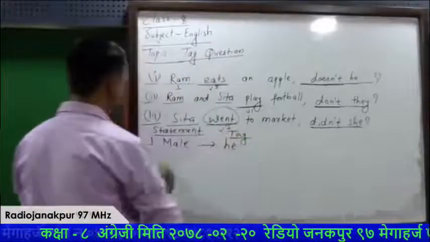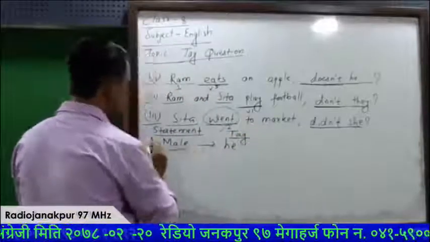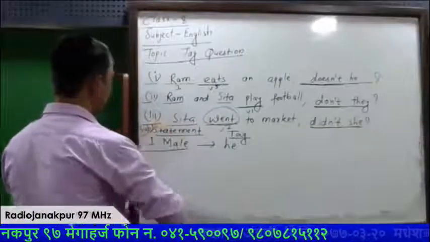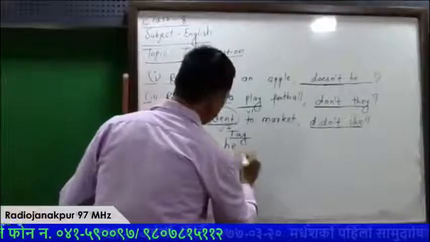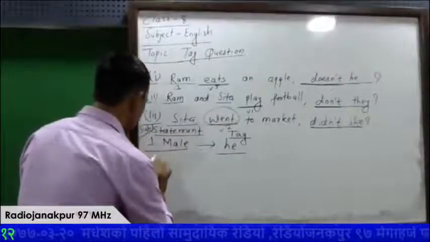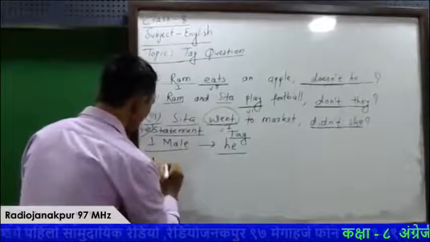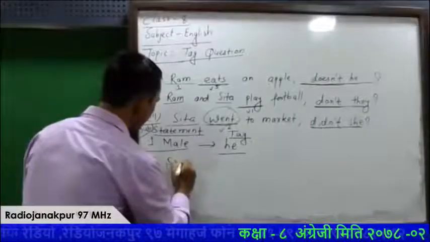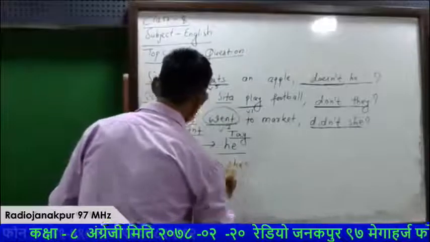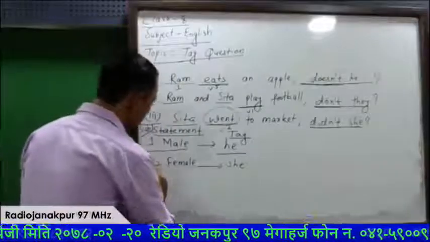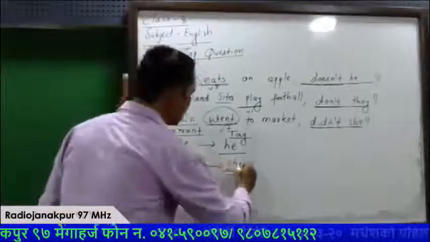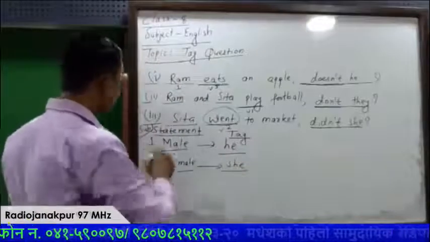Tag. If there is one male in the subject, then there should be he in the tag question. If there is one female in the statement, she is written in the question tag.